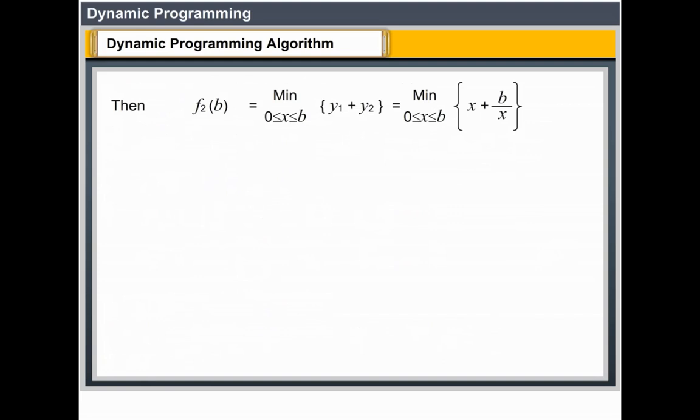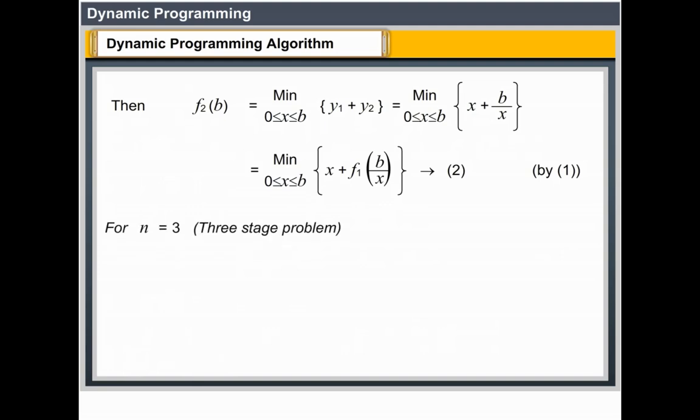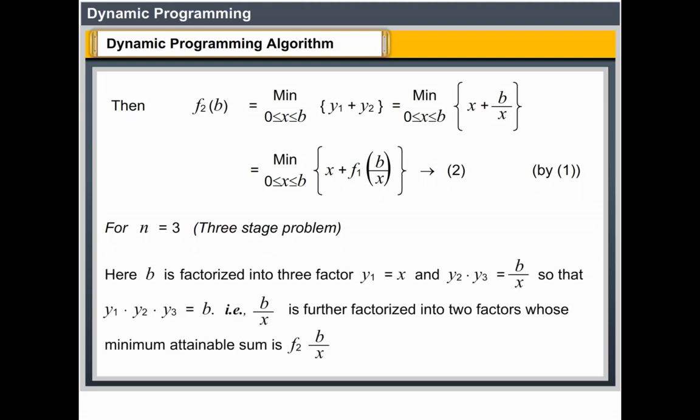Then f2 of b equal to minimum of y1 plus y2 for 0 less than or equal to x less than or equal to b, equal to minimum of x plus b by x for 0 less than or equal to x less than or equal to b, equal to minimum of x plus f1 of b by x for 0 less than or equal to x less than or equal to b. This is called equation number 2, by equation number 1. For n equal to 3, a three-stage problem, here b is factorized into 3 factors, y1 equal to x, y2 into y3 equal to b by x, so that y1 into y2 into y3 equal to b.